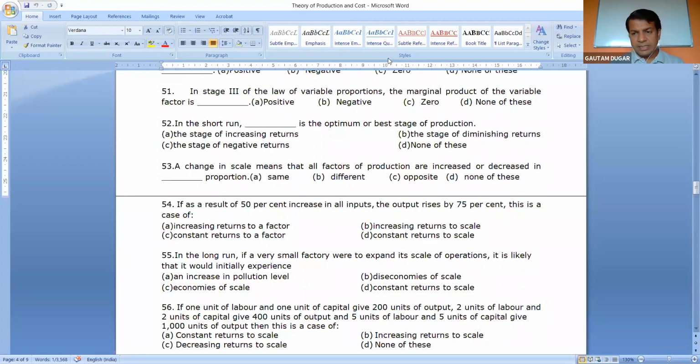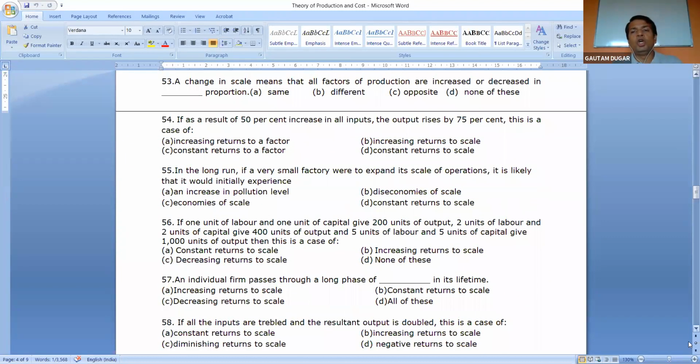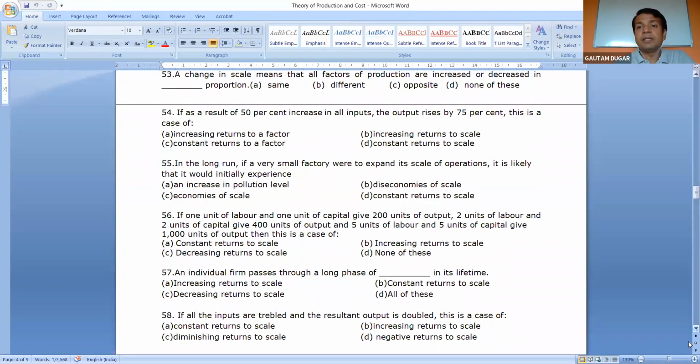Coming to 54 onwards now. If as a result of a 50% increase in all inputs, the output rises by 75%, then it is a case of, now you have two options, A and B. A says increasing return to a factor.